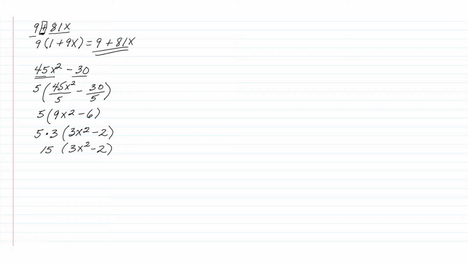Okay, so let's do another one. Let's say that we have something a little bit more difficult, like 27x squared y to the 5th minus 72x cubed y squared. Each one of these has a number that is divisible by 9, so we know we can pull out 9.